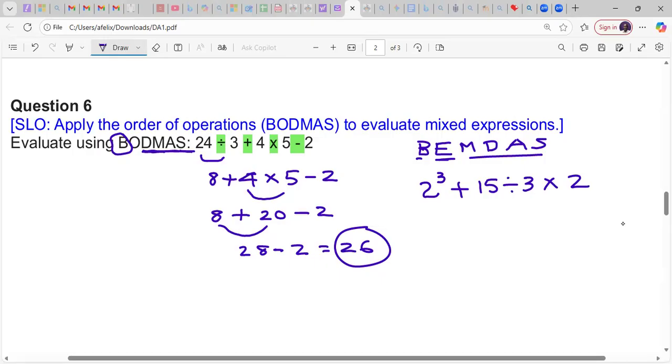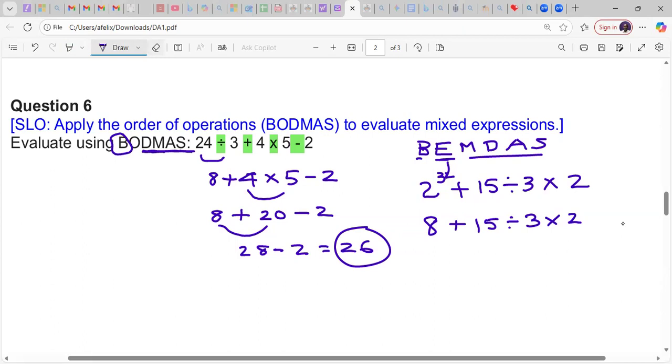Okay. So what E is saying is that you must work out 2 cube first. So this will give us 8, and then we proceed with solving the rest of the problem, right? Which is what we are accustomed to doing. So that is how your exponents work.